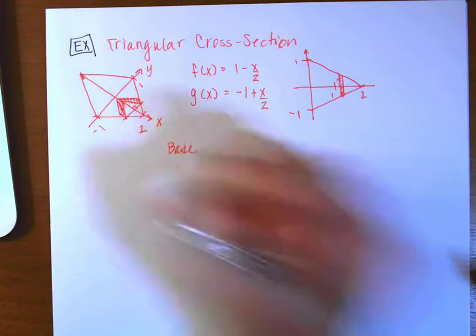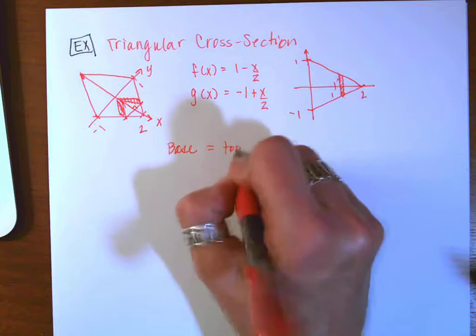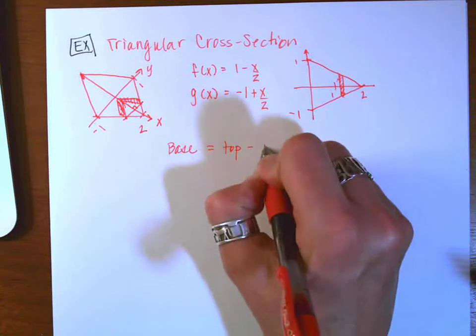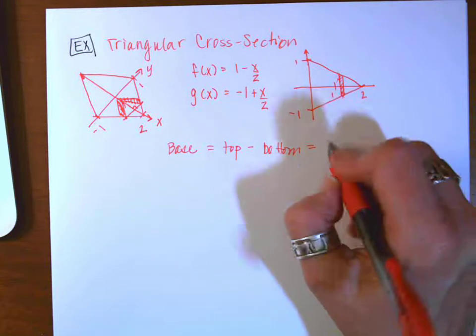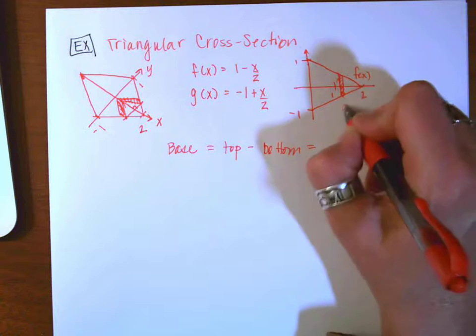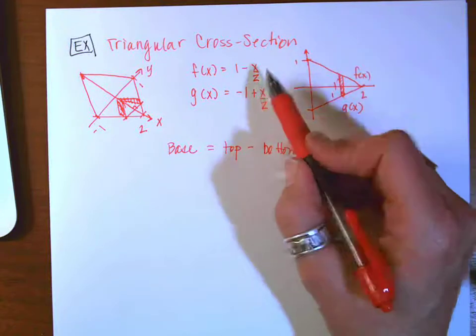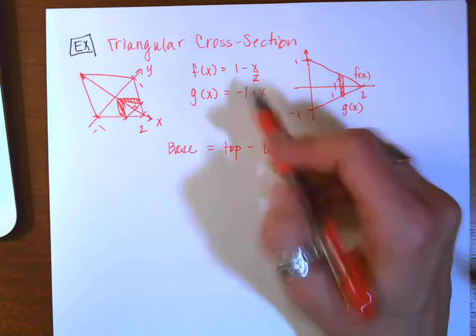Okay, so to be able to get the base, and we often talk about that word when we're trying to do a known cross section, it's going to be the top curve minus the bottom curve. And in this particular case, that would be f of x, because this is our f of x and this is our g of x, right?